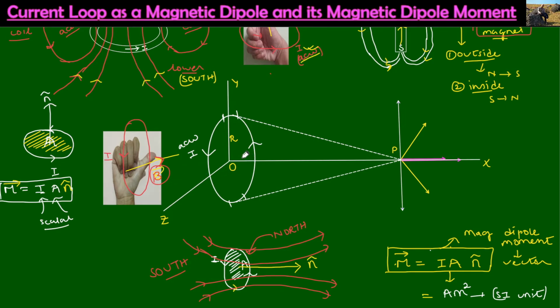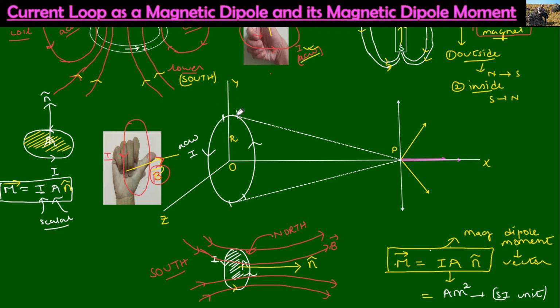Since the current is moving in this direction, this half of the coil which is facing towards P will behave as the north pole, and the other half of the coil which is behind P, facing opposite to P, will behave as the south pole. This will be the direction of our magnetic field line B.